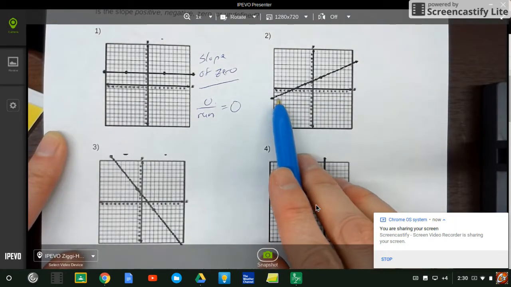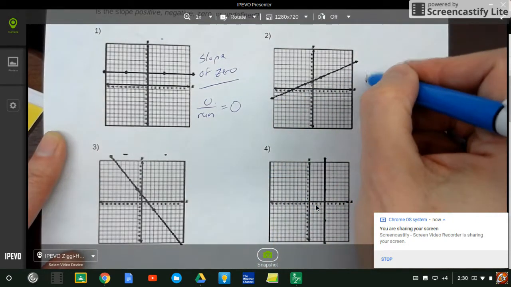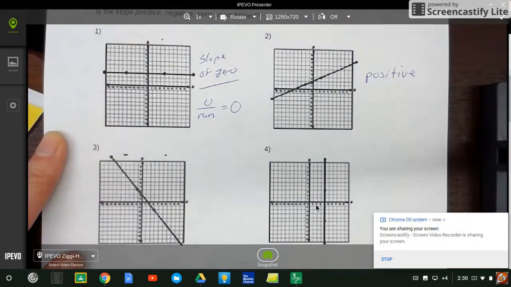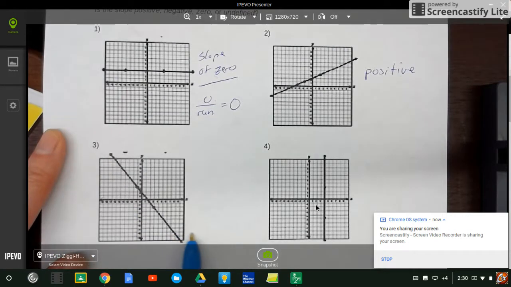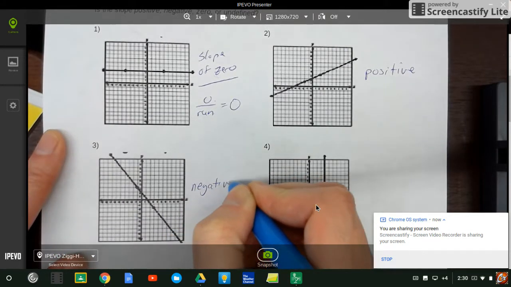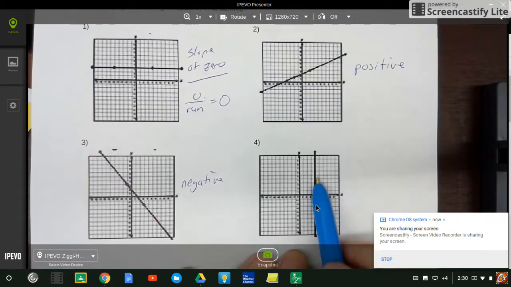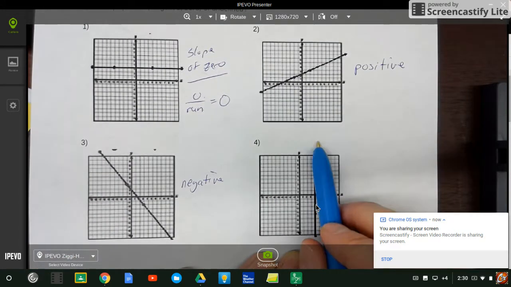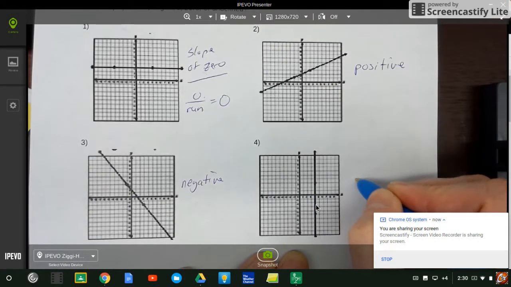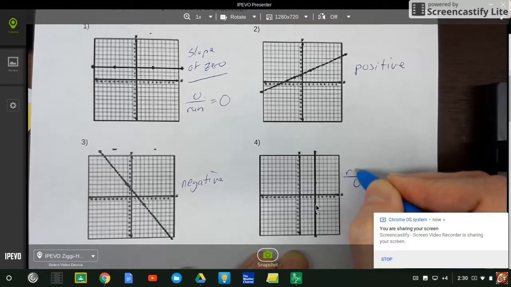This one, again, I'm going upwards from left to right. So that's a positive slope. On that one, it's going downwards as I read left to right. So that's a negative slope. And this one's interesting because it's straight up and down. It's a vertical line. So that means it has no run, but it does have a rise.